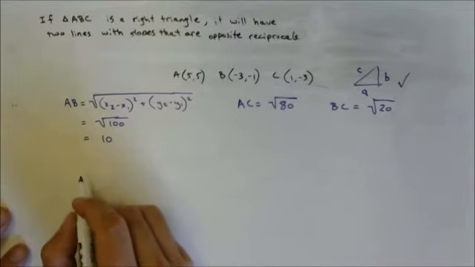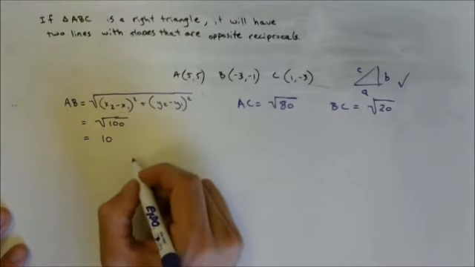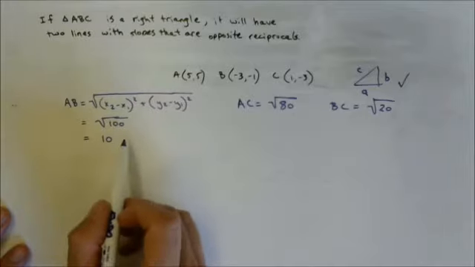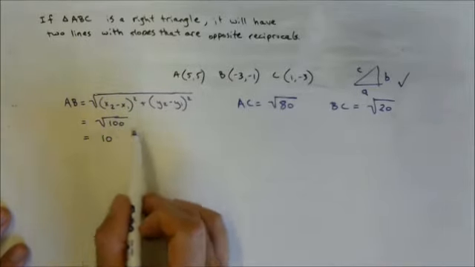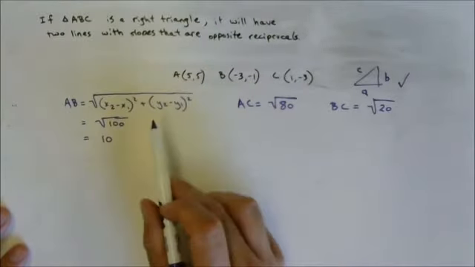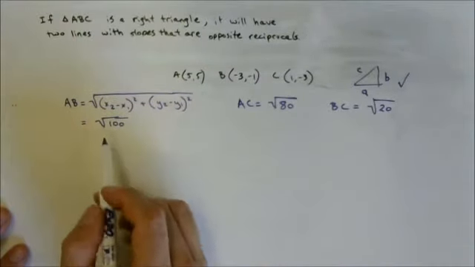We assume that the longest side is going to be our hypotenuse. The square root of 100 is longer than these others, and you can even erase that 10, since you don't need to reduce it.